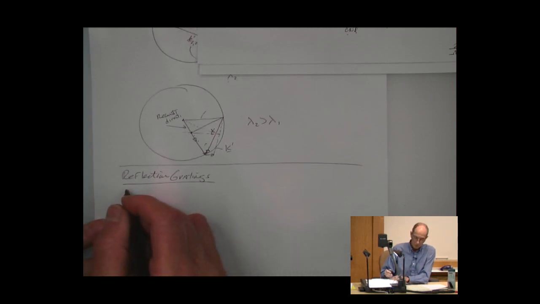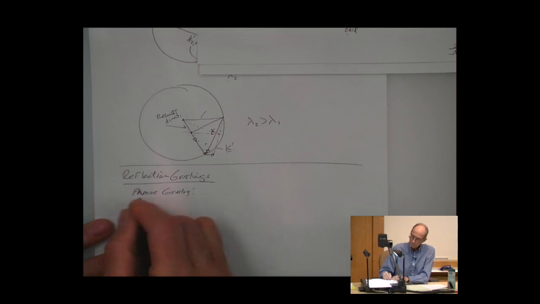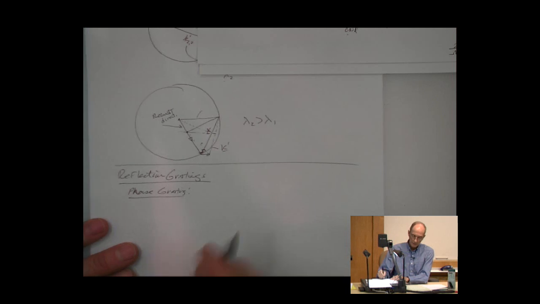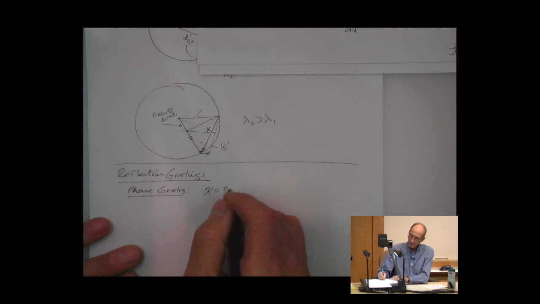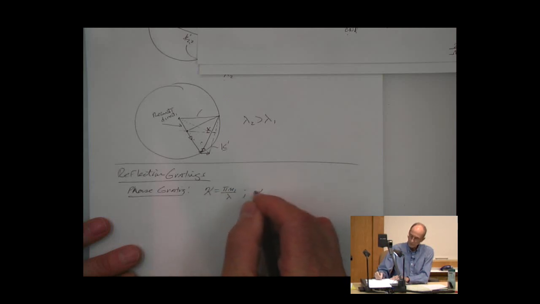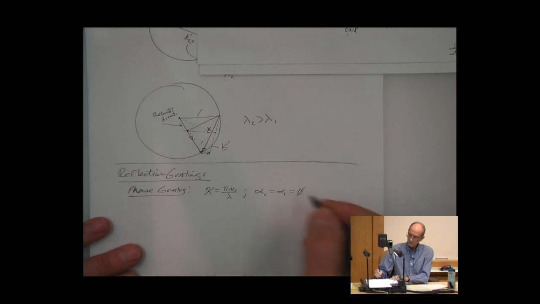for a reflection grating, if we wanted to look at a specific case of, say, a phase grating, we have that, again for a phase grating, kappa, the coupling coefficient, is pi n1 over lambda, and the average absorption and the absorption modulation are both equal to 0.